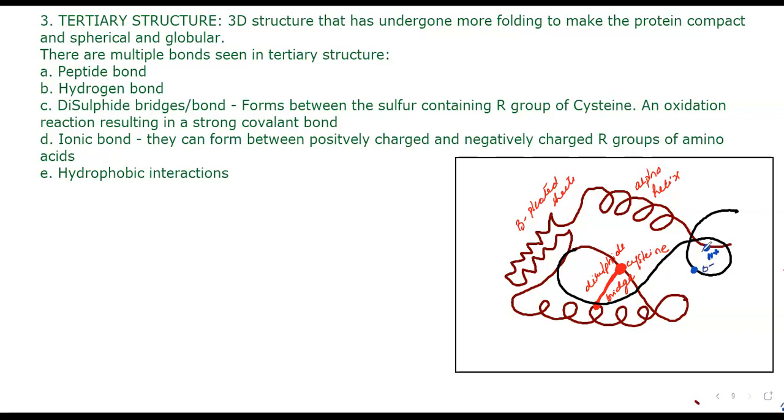So a bond can form between the H plus and the negative ion. This would be known as your ionic bond. So ionic bonding is again really important.